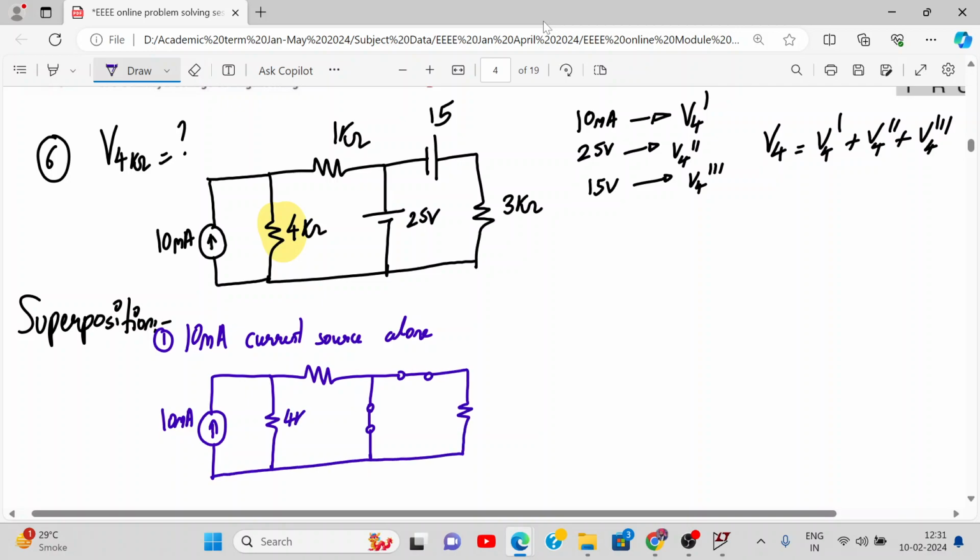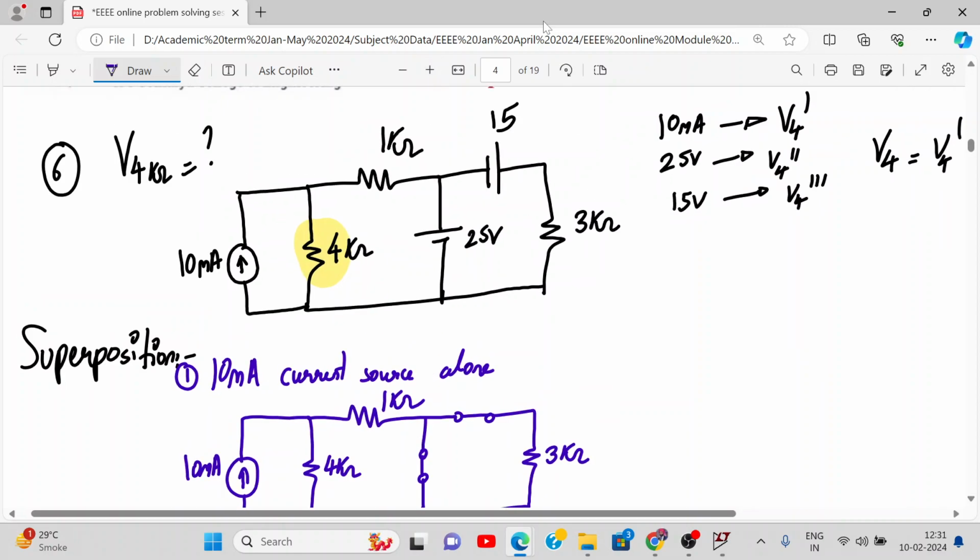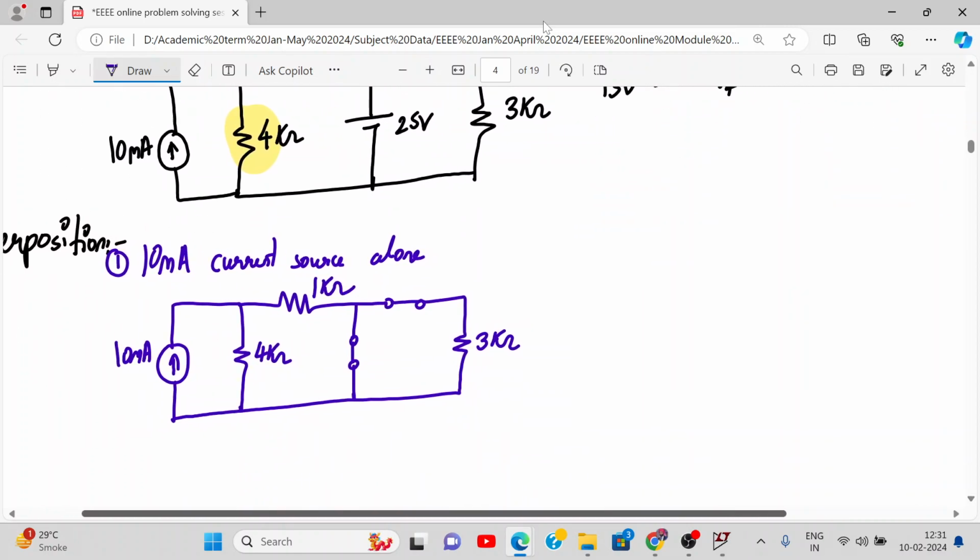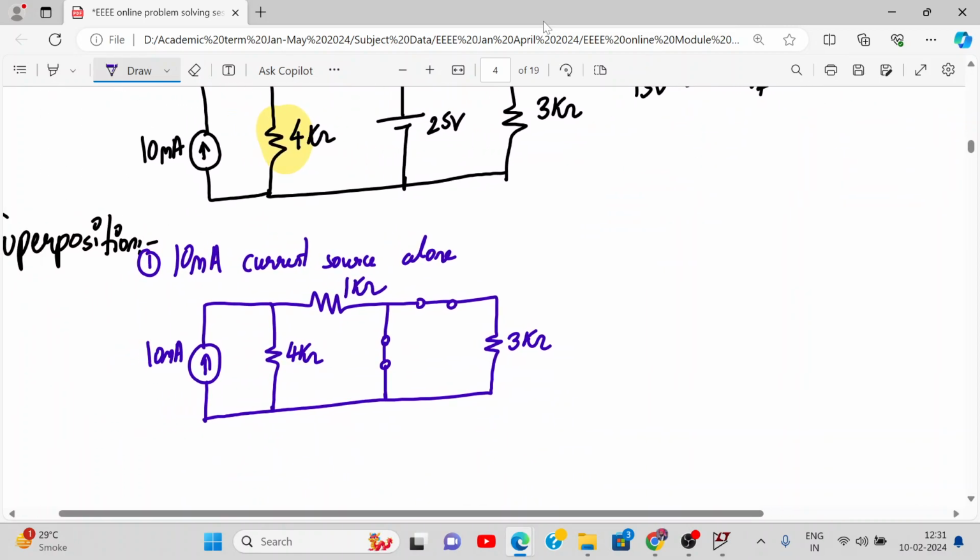Okay, this is short circuit, this is short circuit, this is 3 kilo ohm and 1 kilo ohm. Tell me, what is the voltage across 4K?